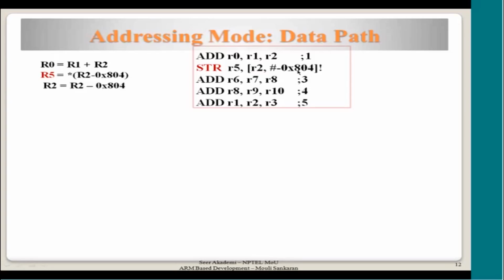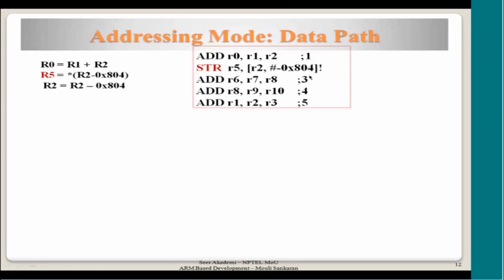If you give 1804, the assembler will give an error. So when you put it into that square bracket, what does it mean? You compute this value: take the value stored in R2, and then subtract 804 from it, and whatever value you get, use that as an address. Send it to the memory, and then write this value into it. Okay, that is what effectively we are informing the processor.